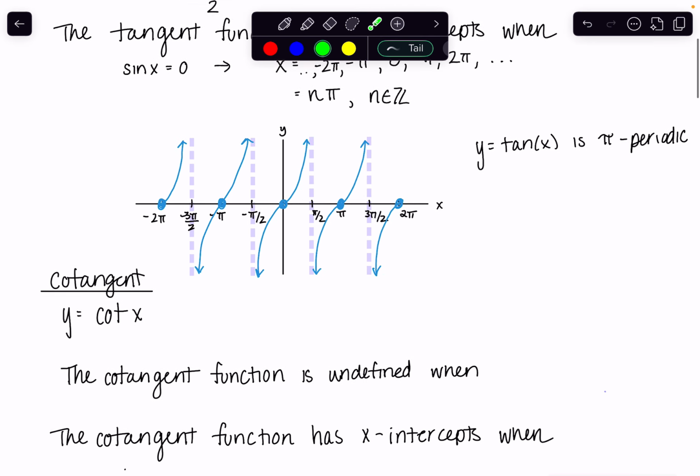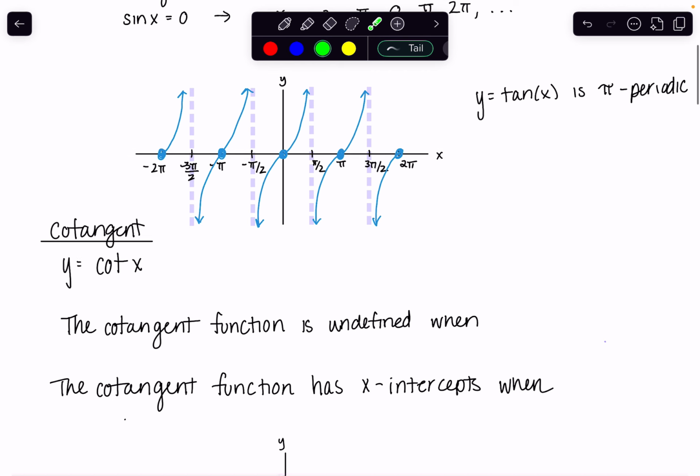To graph the cotangent function, it's similar because now we just have the flip. Cotangent is defined by cosine of x over sine of x. So really the vertical asymptotes and intercepts end up switching positions. So now here the cotangent function's undefined when sine of x is 0.